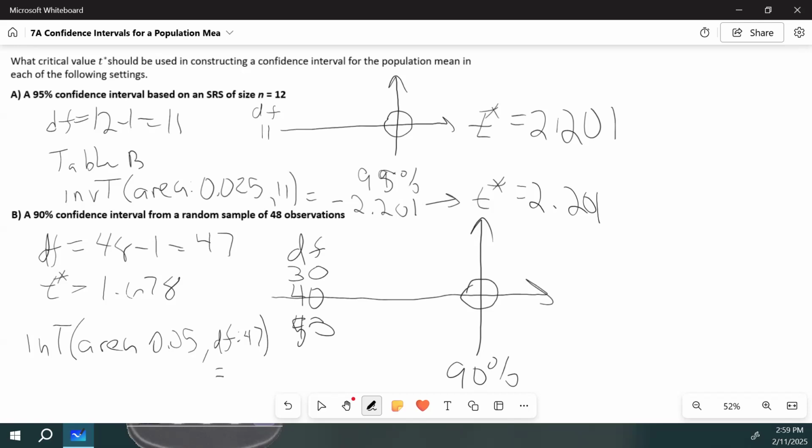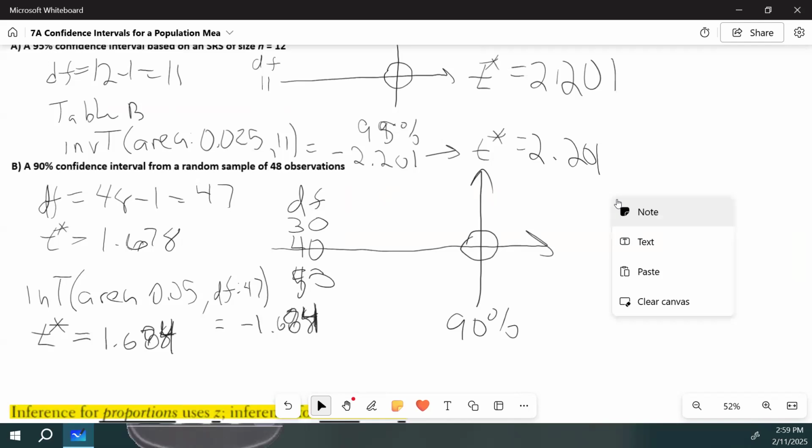So this would give you a T value of negative 1.684, and then we report the positive symmetrical answer of 1.684. So the calculator value is more accurate because it can do specific, precise degrees of freedom, whereas the table may not be able to do that.